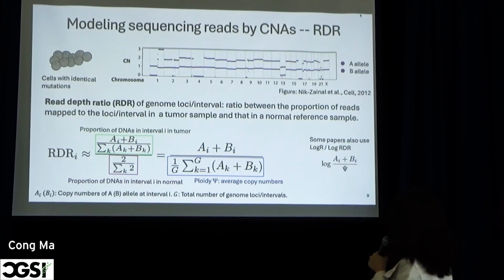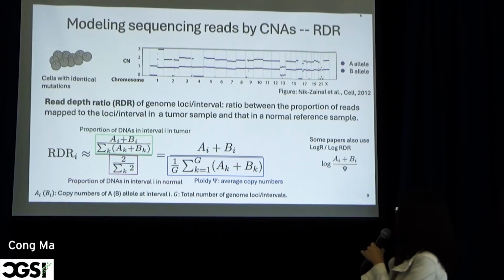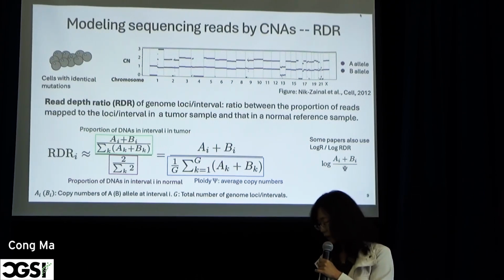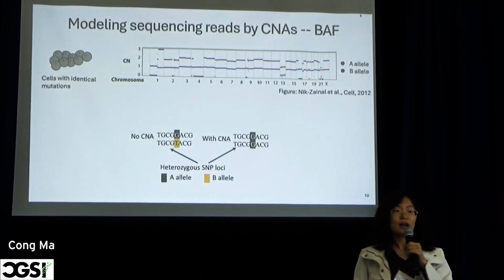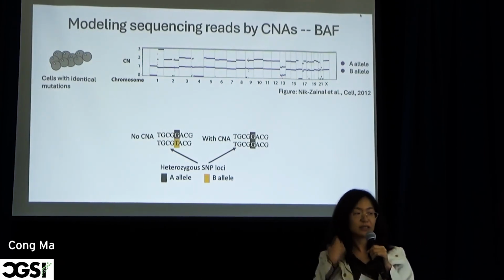You may see in some literature, instead of using raw RDR, they use log RDR or log R, which is the log transformed version of the ratio of read proportions, and the right hand side will be the log transformed version of this ratio. And as said, this is RDR for total copy number gains and losses.